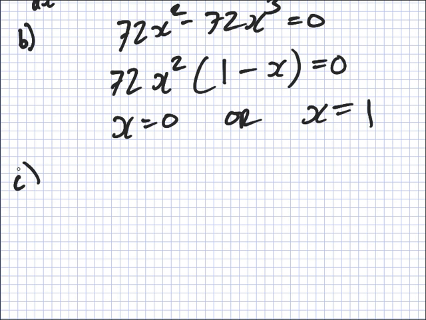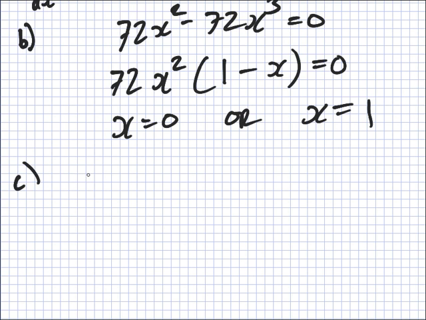Confirm that there's a point of inflection and determine whether there's a maximum or a minimum. So you have the flow chart there. For a point of inflection, you need the second derivative to be 0, and it would be nice if the first derivative wasn't 0.